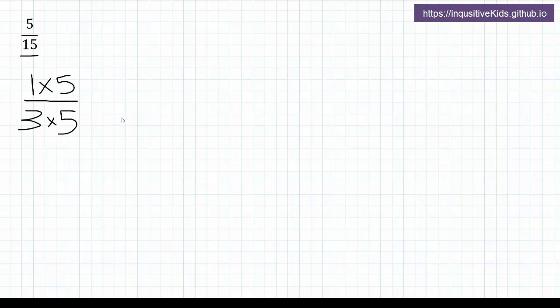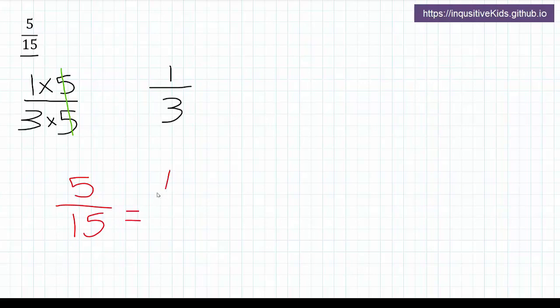Did you spot any common factors? I did. These two 5's can cancel out. Then we're left with the fraction 1/3. 5 over 15 is equal to 1/3.